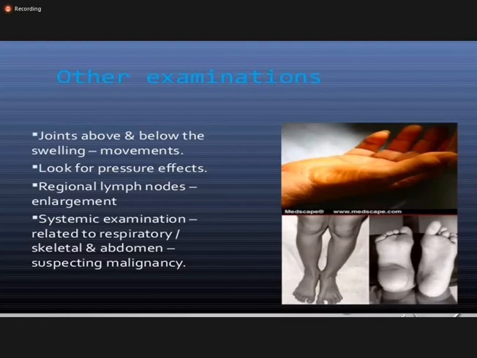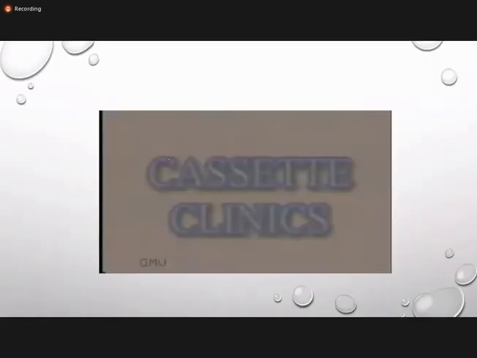Systemic examination can be done relative to the swelling. Okay, I would like to now show you this video. Rashida is saying sinusitis. No, in sinusitis there is no positive transillumination test.